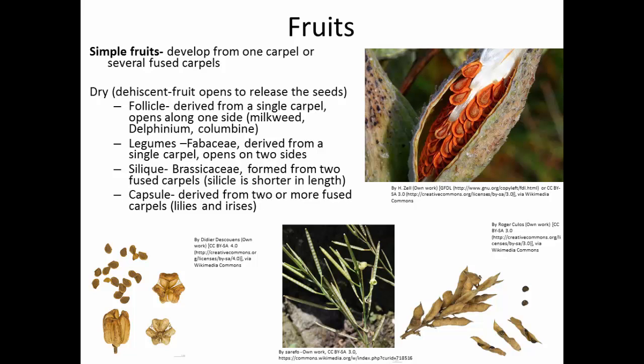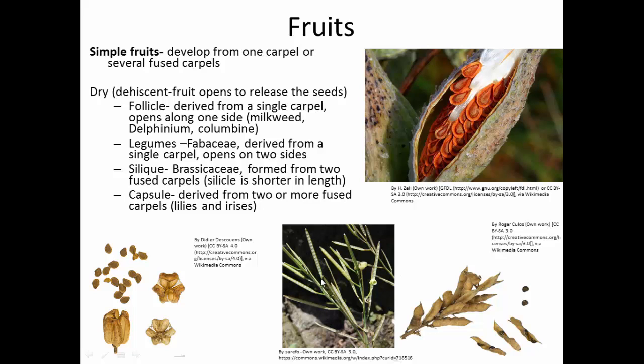A silique is a kind of fruit that is seen in the mustard family or the Brassicaceae family. This is a fruit that's formed from two fused carpels rather than a single carpel, which was the case for the follicles and for the legumes. This is a picture of siliques in, I believe, a cardamine species.